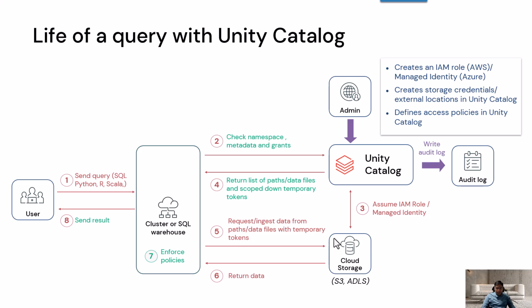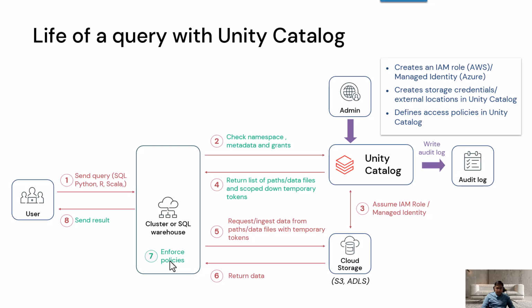Once the temporary token and the URL for the cloud storage are given, that URL provides a shared access signature in Azure, right? With the help of the shared access signature, you can access that cloud storage, and then that access is granted, right? And based on that access, the data is actually returned.